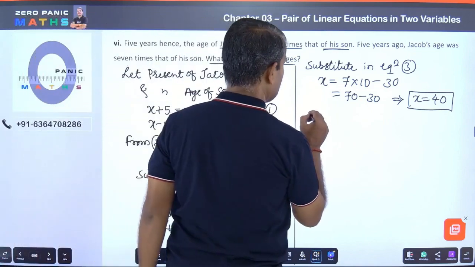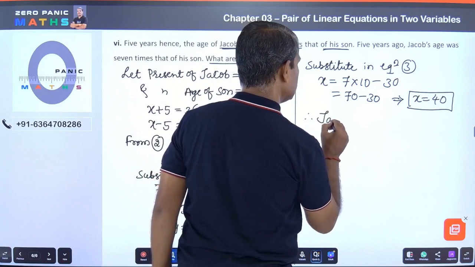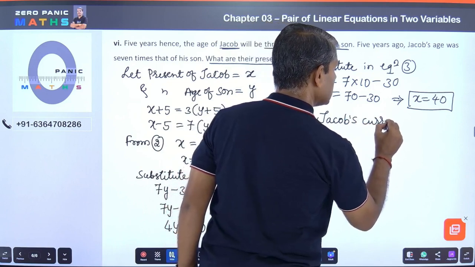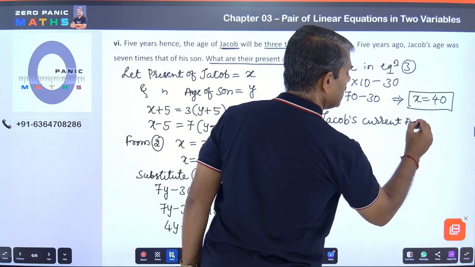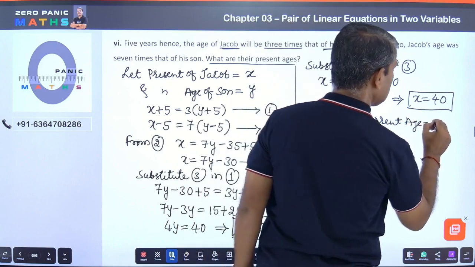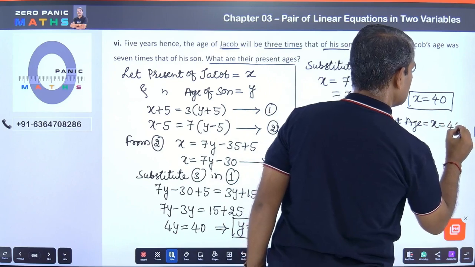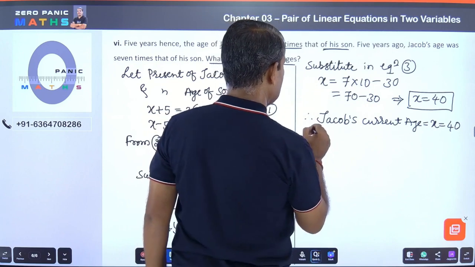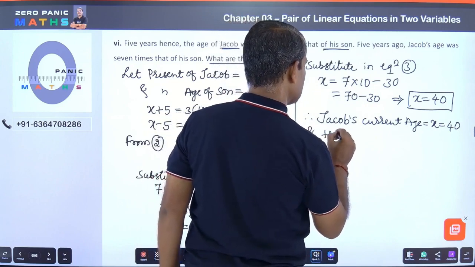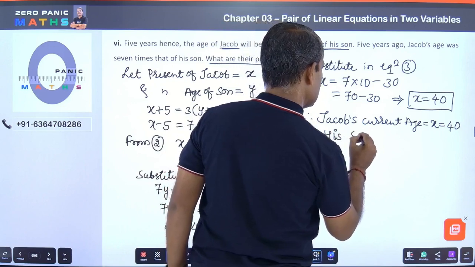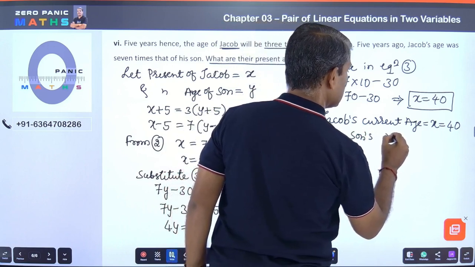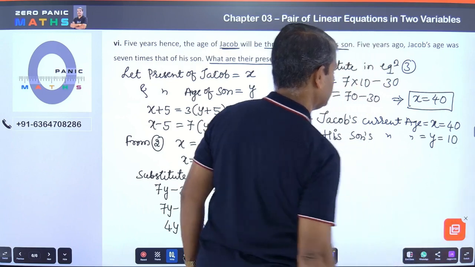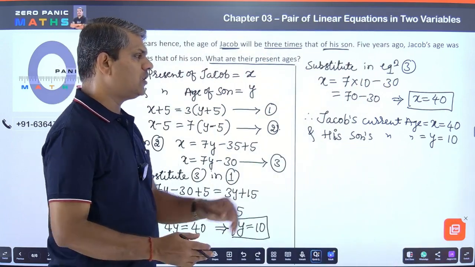So therefore Jacob's current age is x equal to 40 years, and his son's current age is y equal to 10. This is the solution.